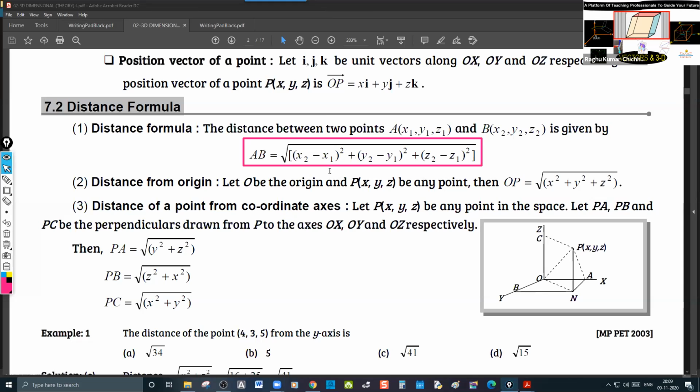So how is PA root over y square plus z square, how is PB root over z square plus x square, and how is PC root over x square plus y square? This is to be understood, please. That is the distance of a point from the coordinate axis. Let me show you that. One moment.